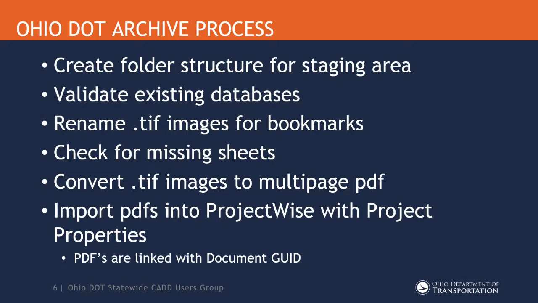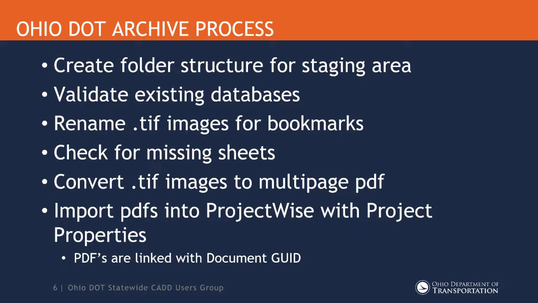Once we get everything converted to a multi-page PDF, we import the PDFs into ProjectWise in our ODOT archive data source with project properties. So we essentially have a database inside ProjectWise that saves all that data.